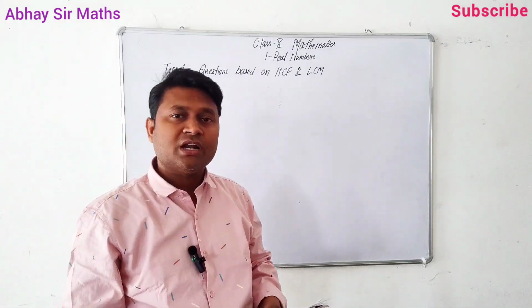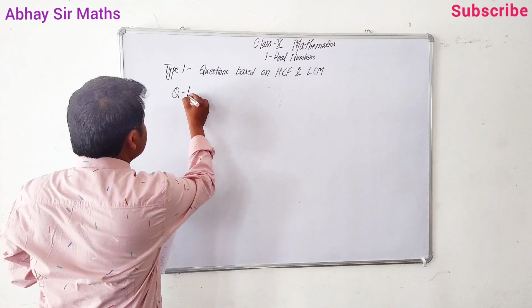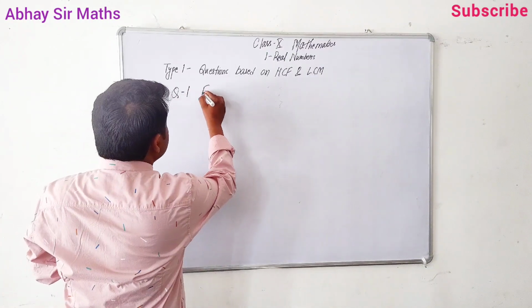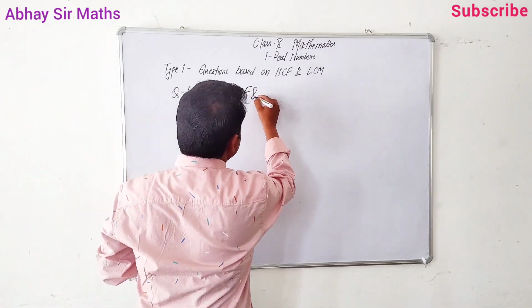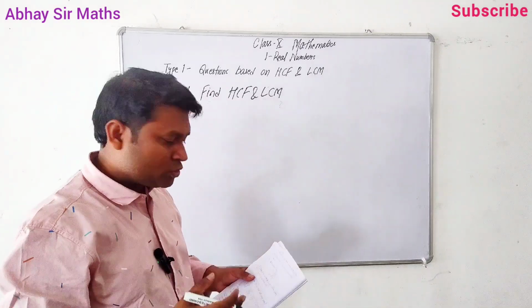What type of questions are asked in the examination? So students, question 1 that can come in the examination is: find HCF and LCM. A very simple direct question may also come.